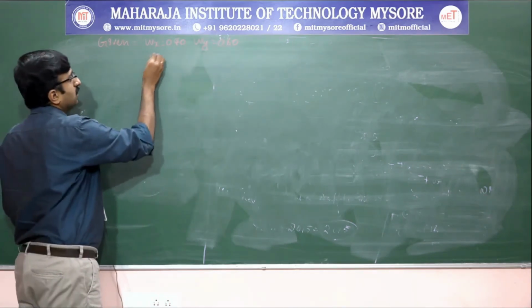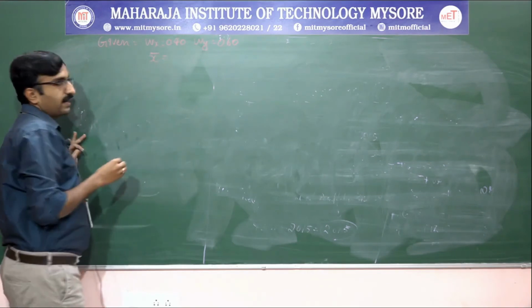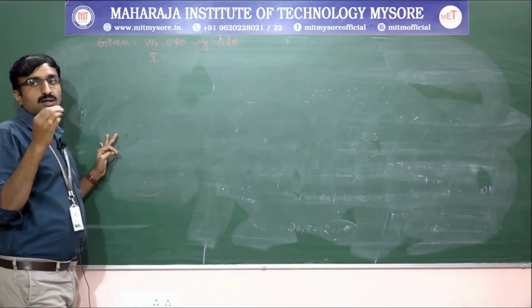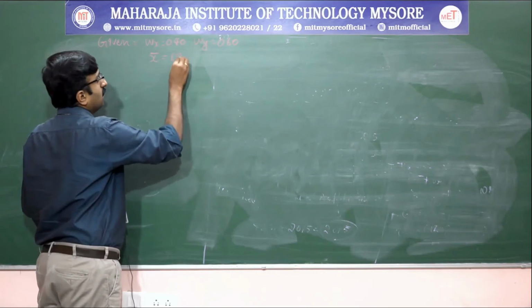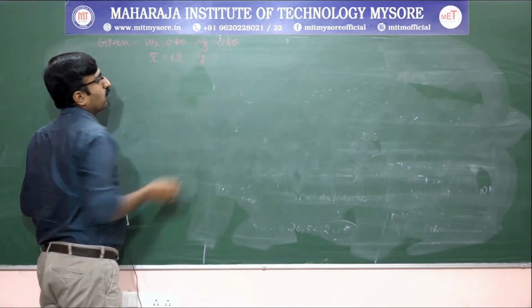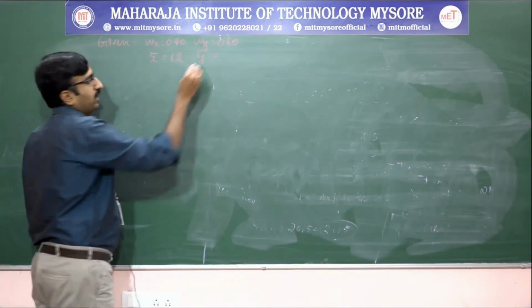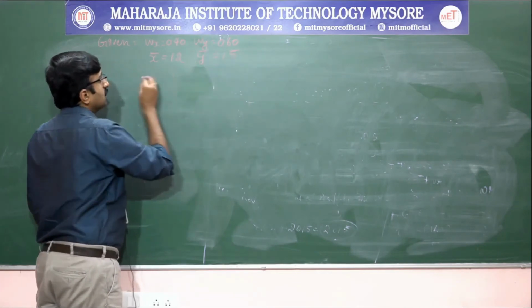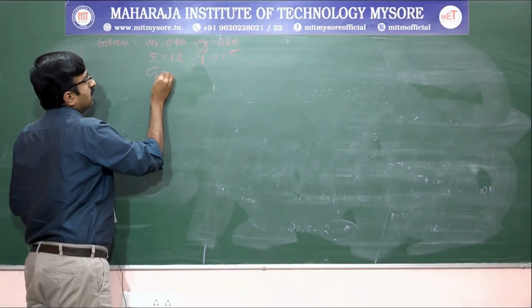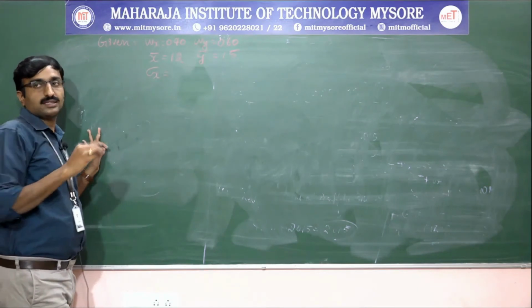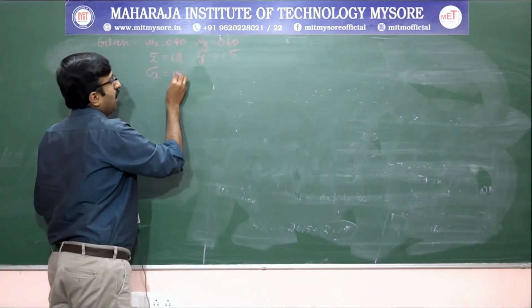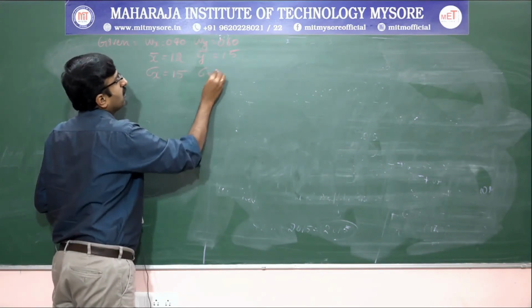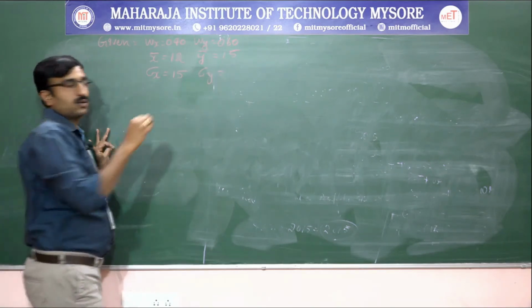They have mentioned security x return, that is 12%, and security y, that is y bar, is 15. Also they have given standard deviation of x security is 15 and standard deviation of y security is 20.